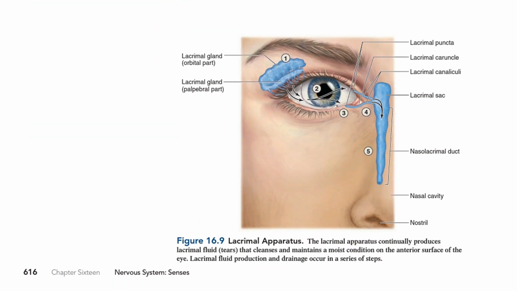Now here in this figure, the lacrimal apparatus is shown, the lacrimal gland. So the lacrimal gland or the tear gland produces the tears. You see from where the tears are produced and where the tears are going.